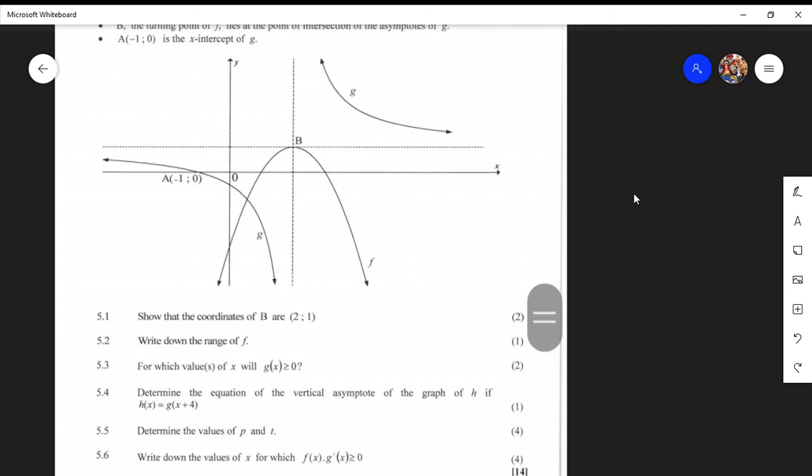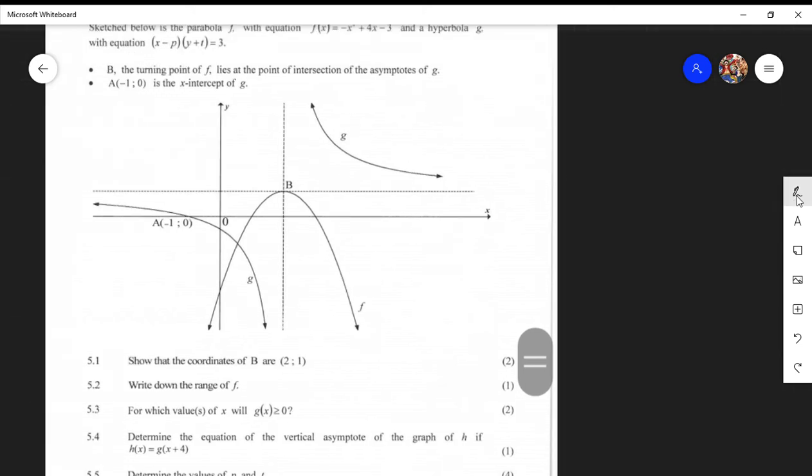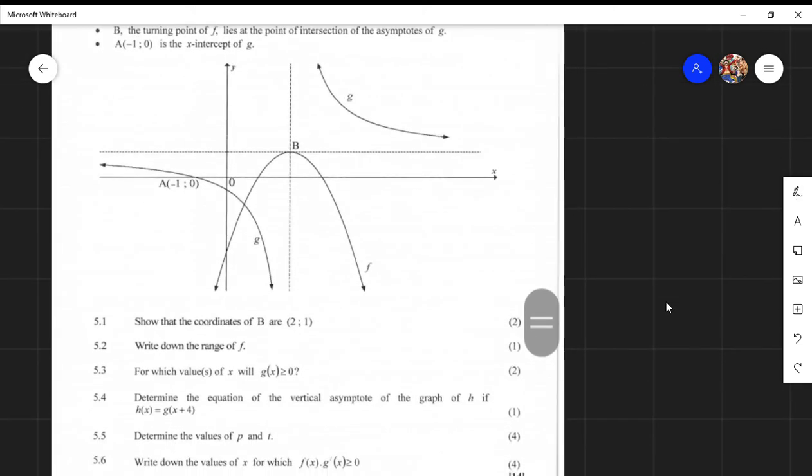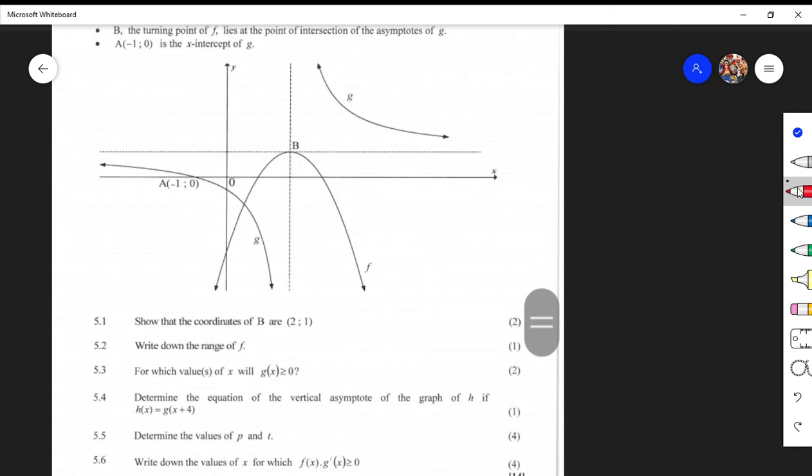Okay. So remember we need f times g to be equal to a positive value, right? So how do we get a positive value? We can say negative times a negative, and that can give us a positive value. Or we can have positive times a positive, and that can give us a positive value.